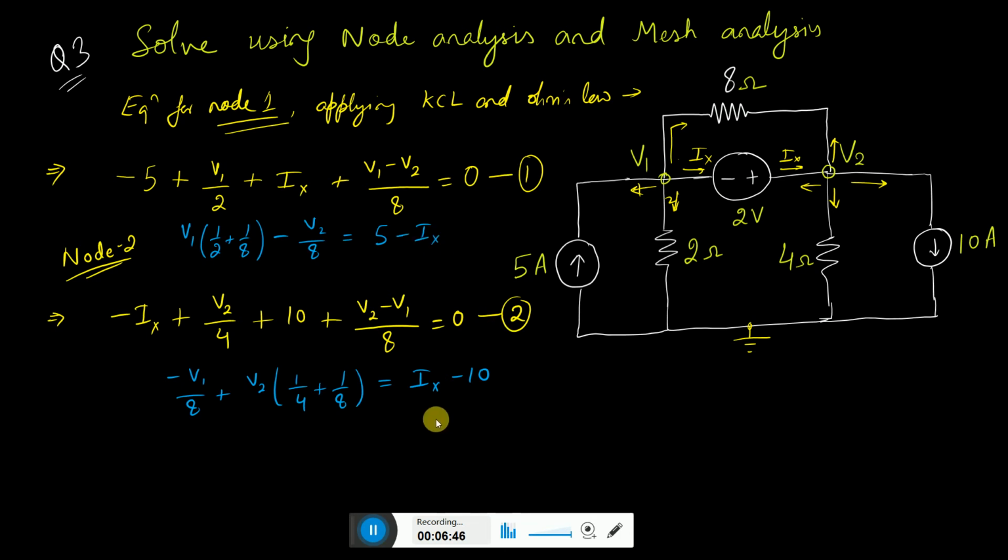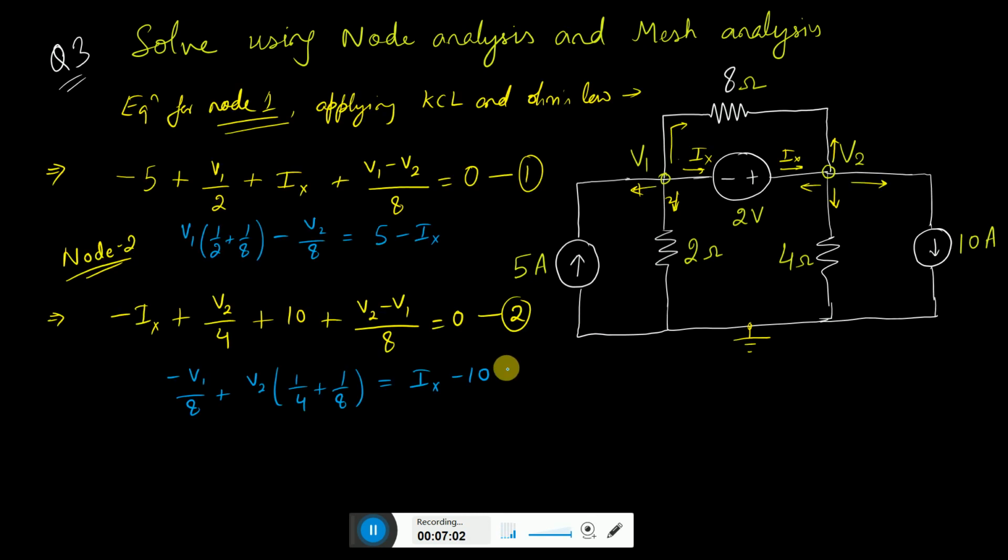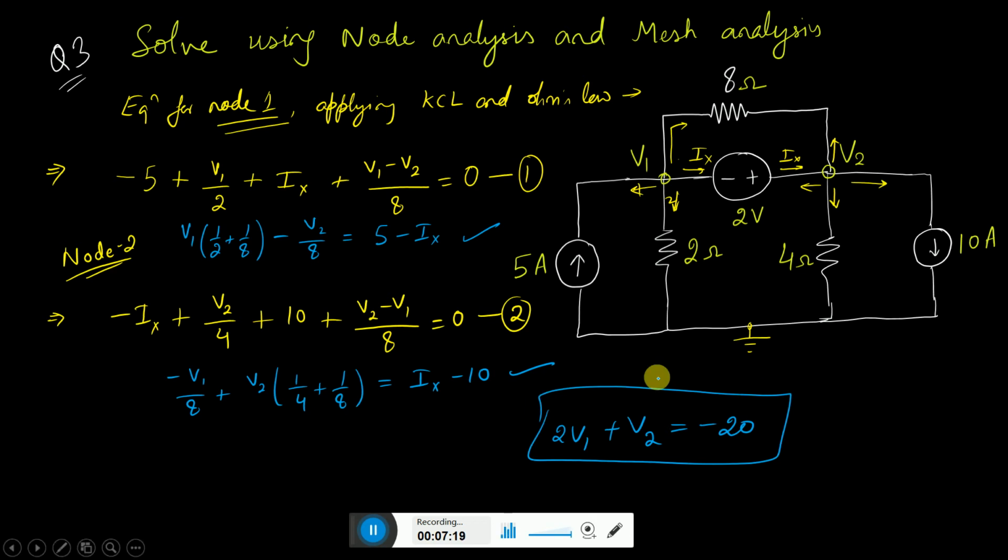The Ix and Ix terms will cancel out, and we will get some value of V1 plus V2 equal to some constant K. After solving these two, we find 2V1 plus V2 equals minus 20.